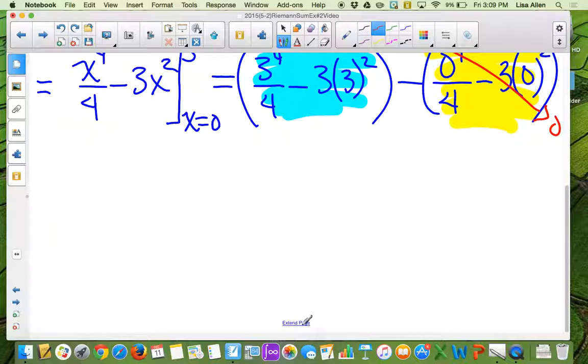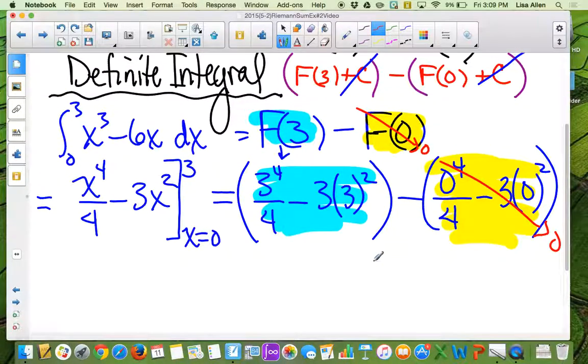So we get our final answer here now of, what do we get? Looks familiar. It's 81 over 4 minus 3 times 3 squared, which is 27. And what do we get when we divide that?